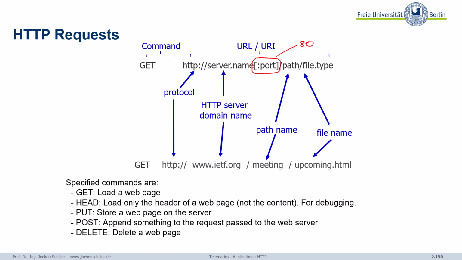And then we have several commands, and typically what you use is get. That's how you load the resource. So that's the idea. Yeah, you can also, if the server allows this, store something. You can delete, etc. But get, that's typically what you use. And then there are some more.